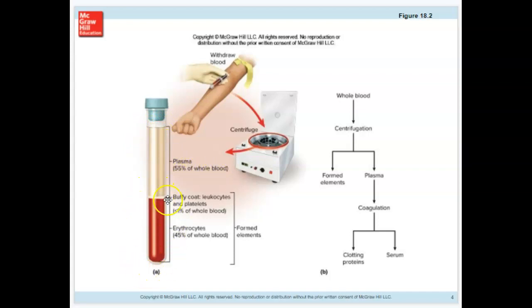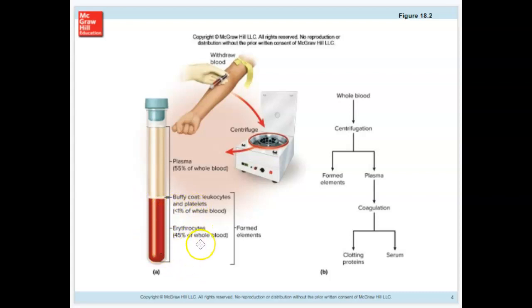The other part is going to be the formed elements or cellular elements. Then we have 45% of the solid part of the blood. Then 55% is going to be liquid or fluid, and 45% is going to be solid.